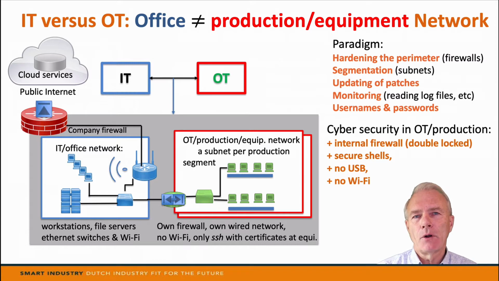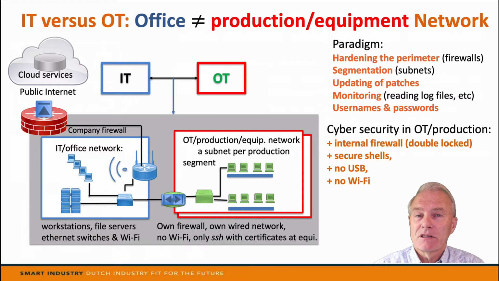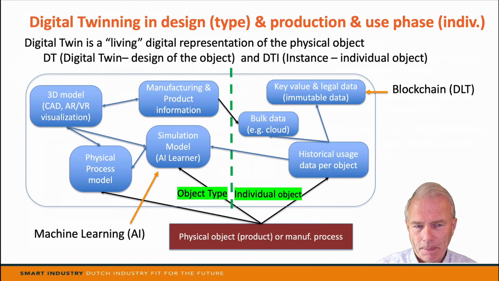A firewall blocking all incoming and outgoing traffic except for OPC UA. No USB, no Wi-Fi, all these things, to make them safe. Especially because it is not an office system. If there is really human life at risk if it is hacked, you have to put a lot of effort into your cyber security.